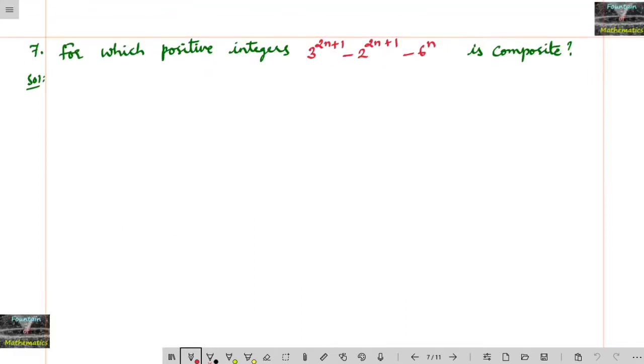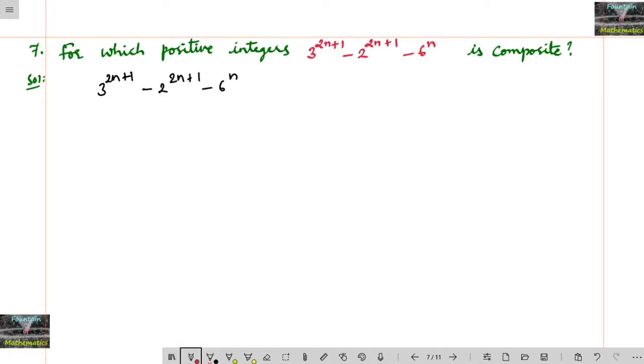For which positive integers is 3 to the power of 2n plus 1 minus 2 to the power of 2n plus 1 minus 6 power n composite? Composite means more than 2 factors, that is, 3 factors minimum must be there. Let me write 3 to the power of 2n plus 1 minus 2 to the power of 2n plus 1 minus 6 to the power of n.